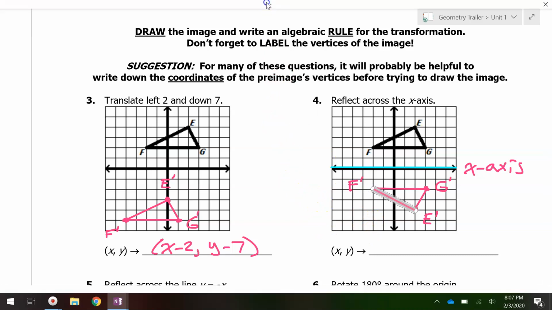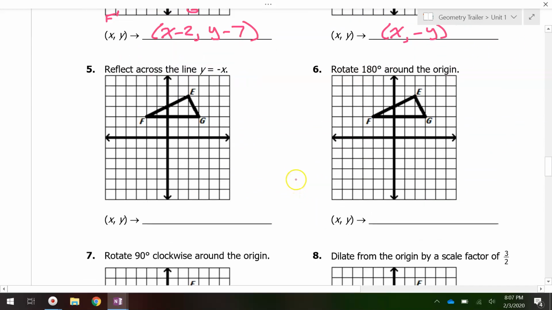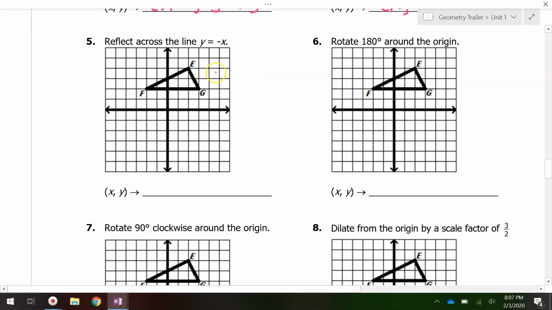And when you are reflecting across the x-axis, we know that the rule is x, opposite of y. Because we memorized that, right, people? Of course we did. Reflecting across the line y equals negative x. I think I'm going to write the rule first because I'm going to actually use the rule this time. So the rule for this is opposite of y, opposite of x.